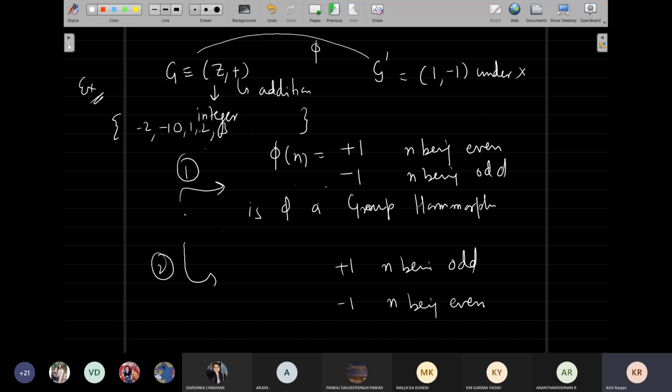Whenever n is even among your integers, so minus 2, 0, 2, 4, 6, and so forth, all of them, then it is mapped to the first element of the second group. And whenever odd integers come, 1, 3, 5, 7, minus 1, minus 3, and so on, I am mapping them to minus 1. So I had many elements, but I mapped them to the 2 elements of G prime, which were only plus 1 and minus 1. You can think of it as even numbers are mapped to this, odd numbers are mapped to minus 1.